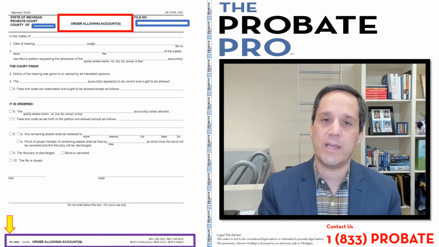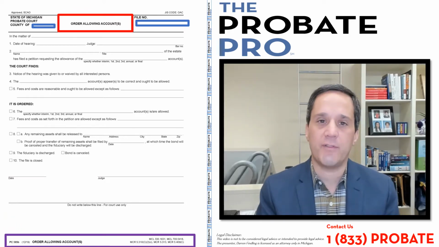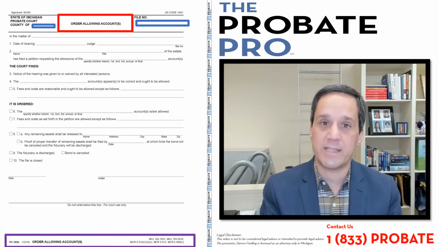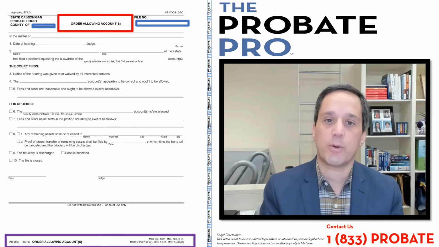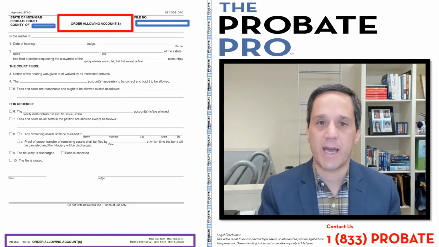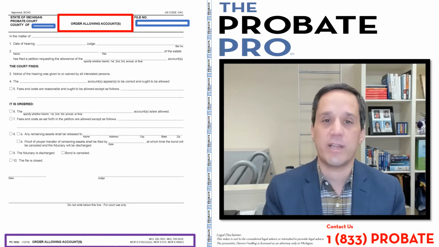Now, an accounting can be done in a variety of contexts. Of course, in the deceased probate estate, there may be a requirement to account. Within trust administration that's being supervised through the probate court, there could be a requirement to account, as well as within a conservatorship context, and sometimes even in a guardianship context.